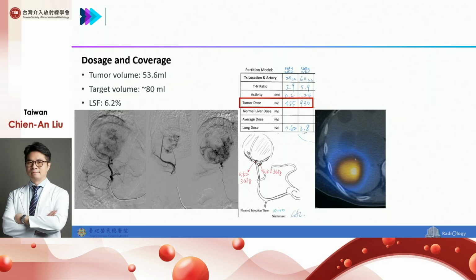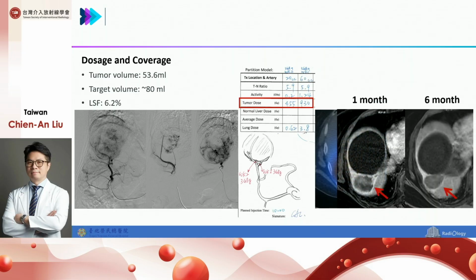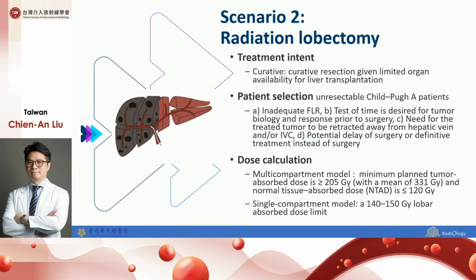The tumor absorbed dose, based on the MAA calculation, is more than 400 gray. Six months later, there is a sustained complete response in this patient.